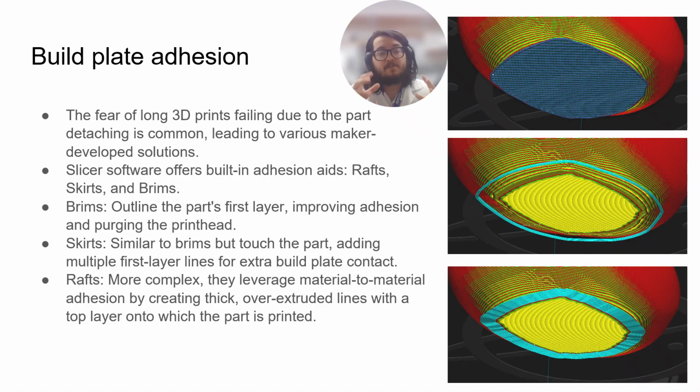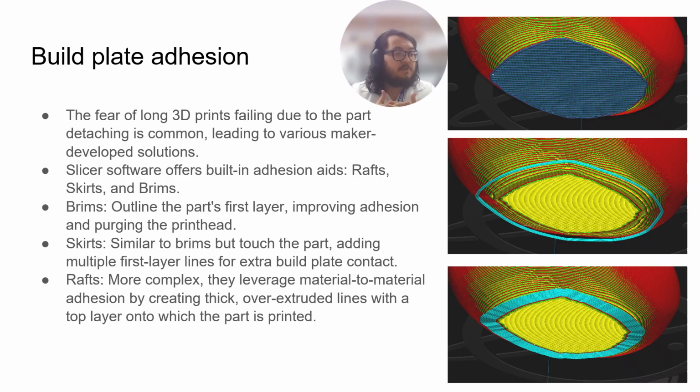As I mentioned before, there are these extra printed parts, extra printed sections of your part that will increase the chances of your printing working. They will make sure that it's very well adhered, very well stuck to your build plate, to your print bed.